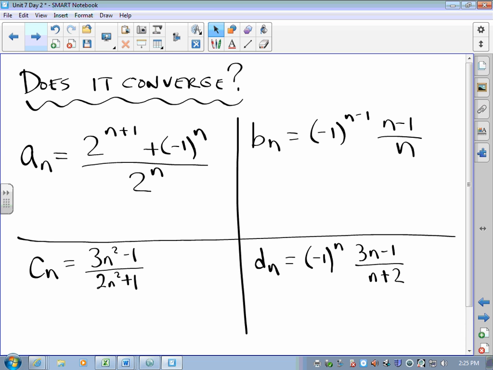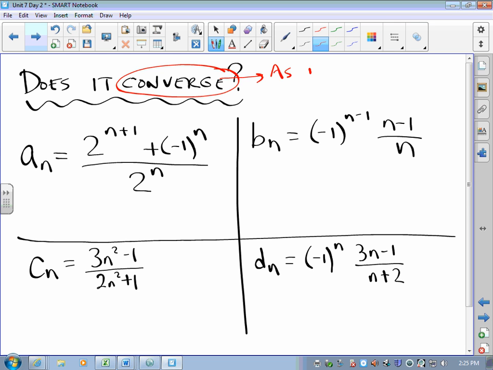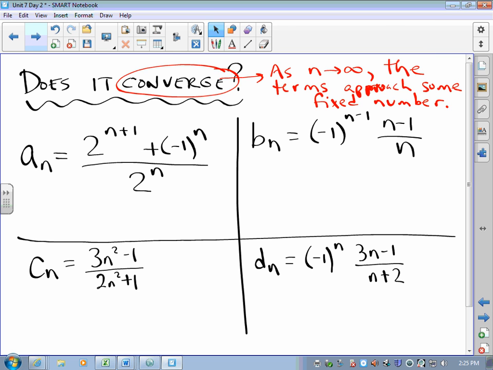To converge means as n gets bigger and bigger, the terms approach some fixed number. Not 2 fixed numbers, not bouncing back and forth. The terms settle down. Get a wife, couple kids, stable job with possibility of advancement. That's what we're looking for.